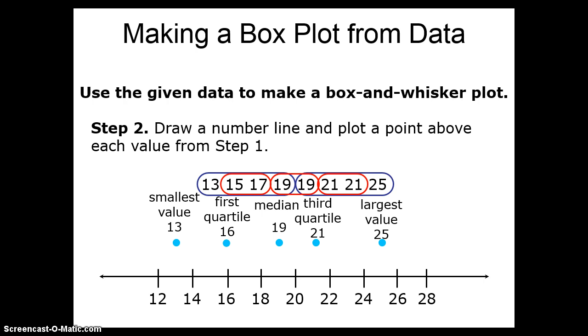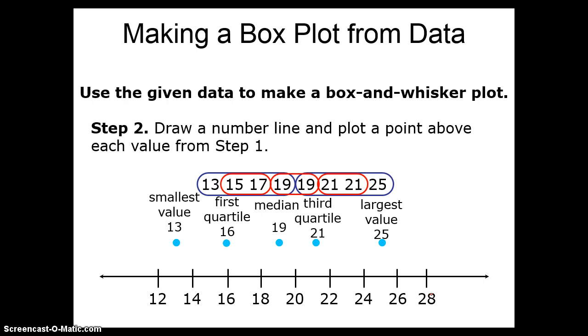So notice my number line starts at 12 and goes in equal increments, or on a scale by 2s, up to 28. Even though 12 and 28 are not data points in my set, I still might list those numbers just so I can have a good spread on my number line.